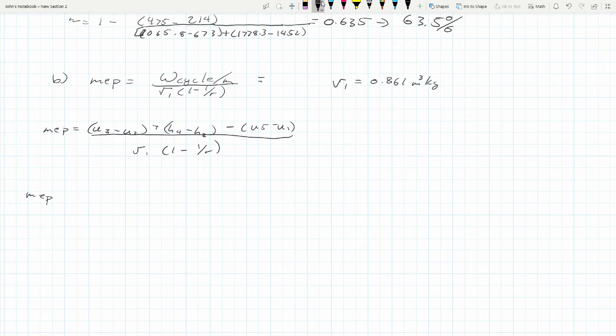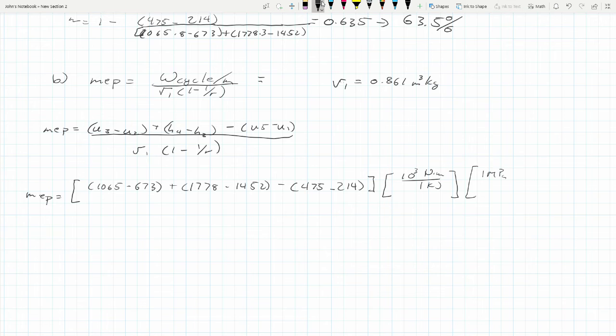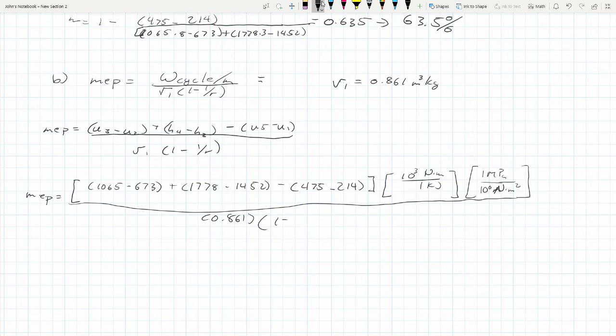Get ready to write a bunch of stuff down. Okay, so this is going to be 1065 minus 673 plus 1778 minus 1452 minus 475 minus 214, all times 10 to the 3 newton meters per 1 kilojoule, times 1 megapascal per 10 to the 6 newtons per meter squared, all over 0.861 times 1 minus 1 over 18.